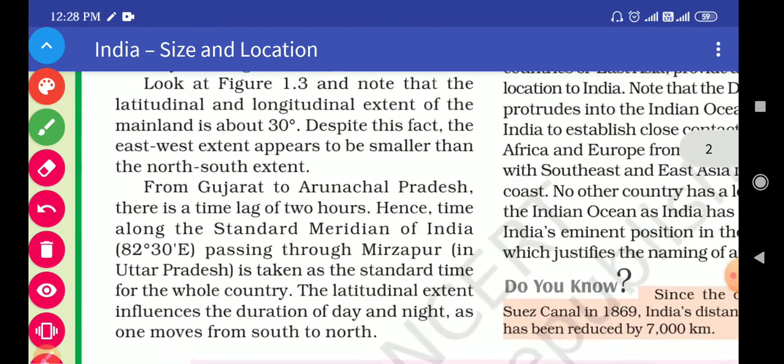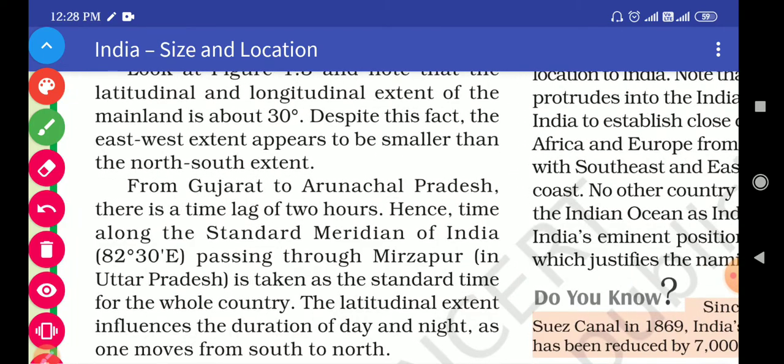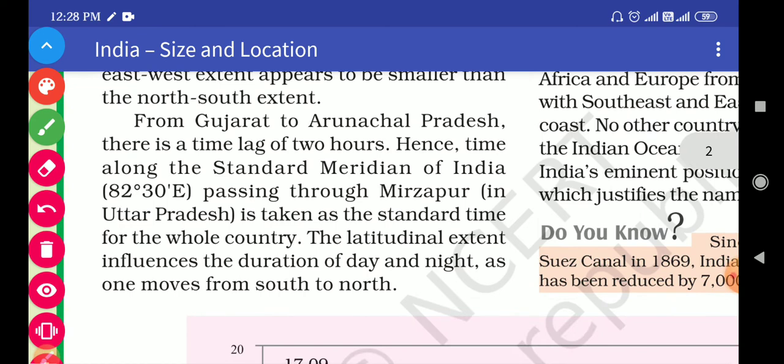The next one is: from Gujarat to Arunachal Pradesh, there is a time lag of 2 hours. Hence, time along the standard meridian of India, 82°30' east, passing through Mirzapur in UP, is taken as the standard time for the whole country. The latitudinal extent influences the duration of day and night as one moves from south to north.